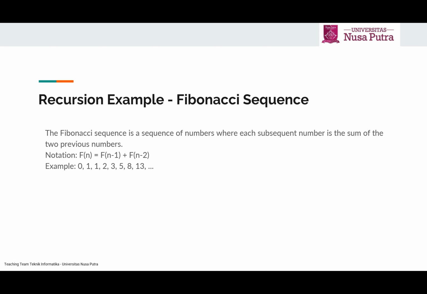So the next recursion example is the Fibonacci sequence. The Fibonacci sequence is a sequence of numbers where each subsequent number is the sum of the two previous numbers. For example, the notation is Fibonacci n: f(n minus 1) plus f(n minus 2). We initialize with 0 and 1 first.